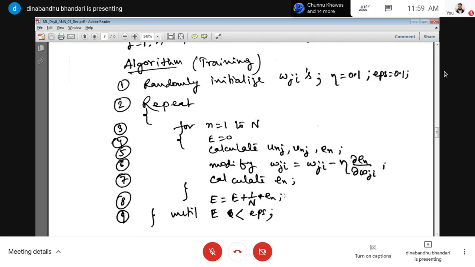However, if we calculate the total error and then modify the weight, it is called gradient descent. But since we are doing it for each point, it is called stochastic gradient descent. It has advantages also. If you are interested, we can discuss it later.